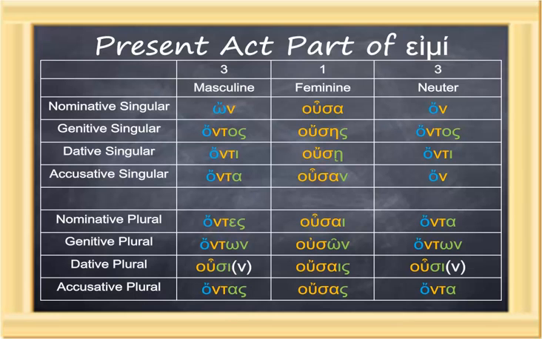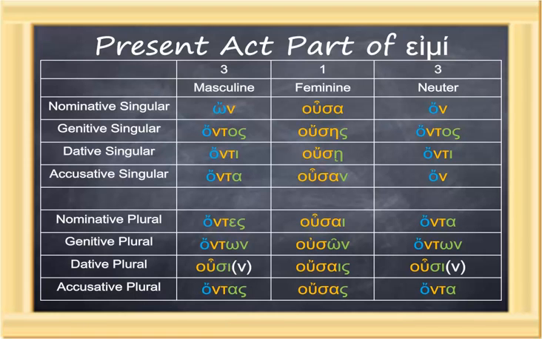Your textbook also provides a chart of the present active participle of eimi. This chart is just the participial endings that are added to the present tense stem. So they are rather easy to figure out.